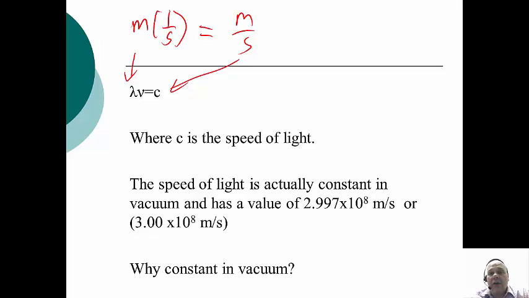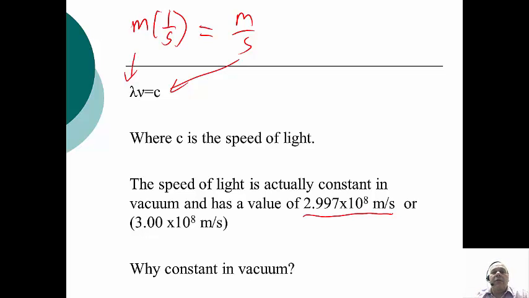And it turns out that the speed of light in a vacuum is actually universally constant. It's 2.997 times 10 to the 8th meters per second, or if you don't need 4 or more sig figs, 3 times 10 to the 8th meters per second.